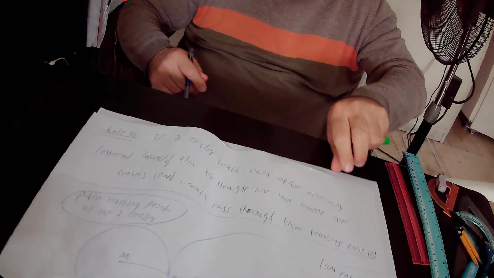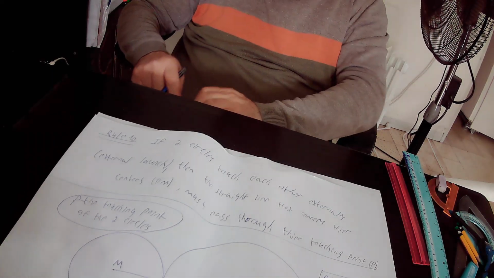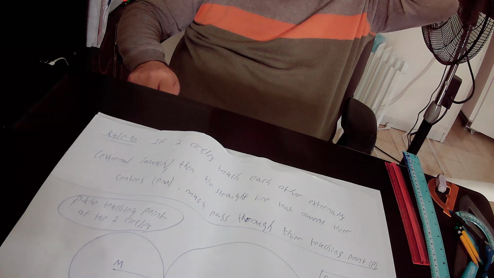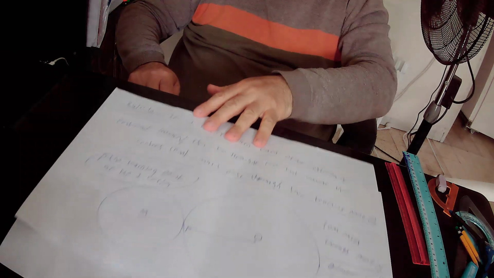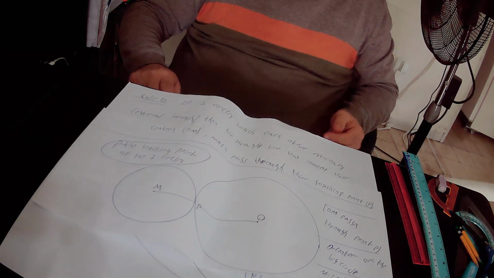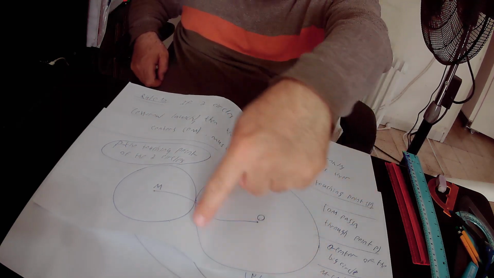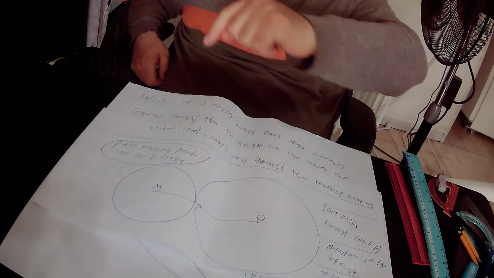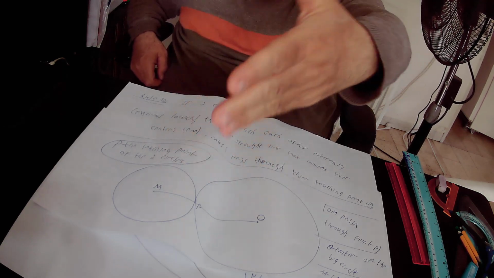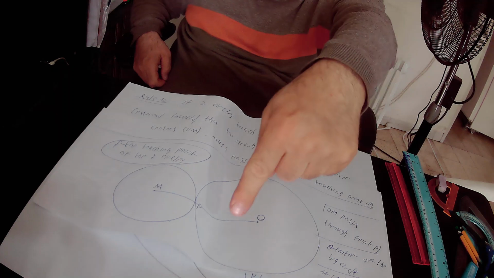According to rule 10, if two circles touch each other externally, here in the drawing we have this small circle touching this big circle at point P. Point P is the touching point.